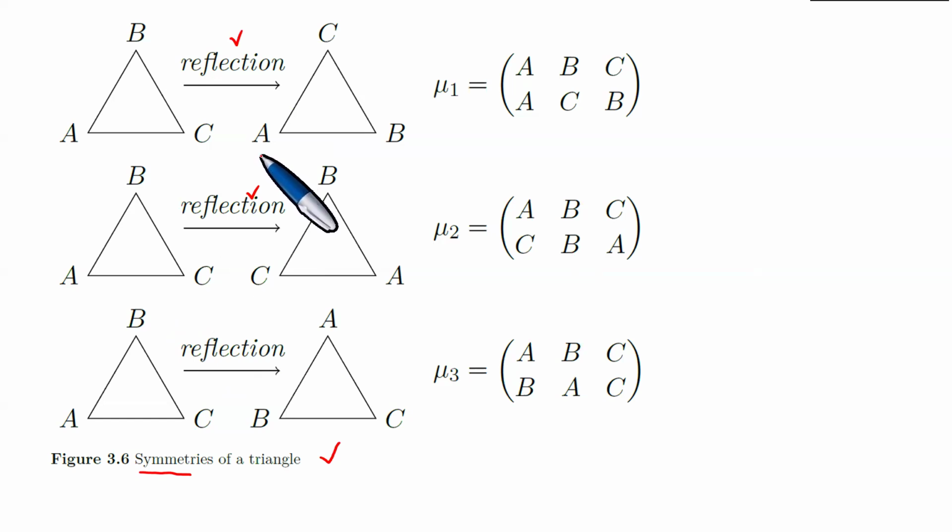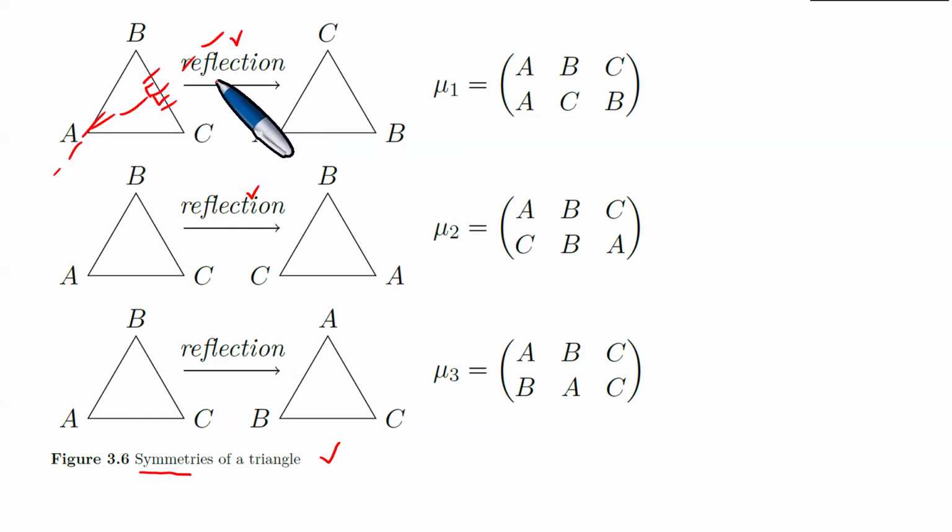So what kind of a reflection would this be? Reflection along which axis? One possible reflection would be along this axis here, such that this is perpendicular, such that you have a bisector.